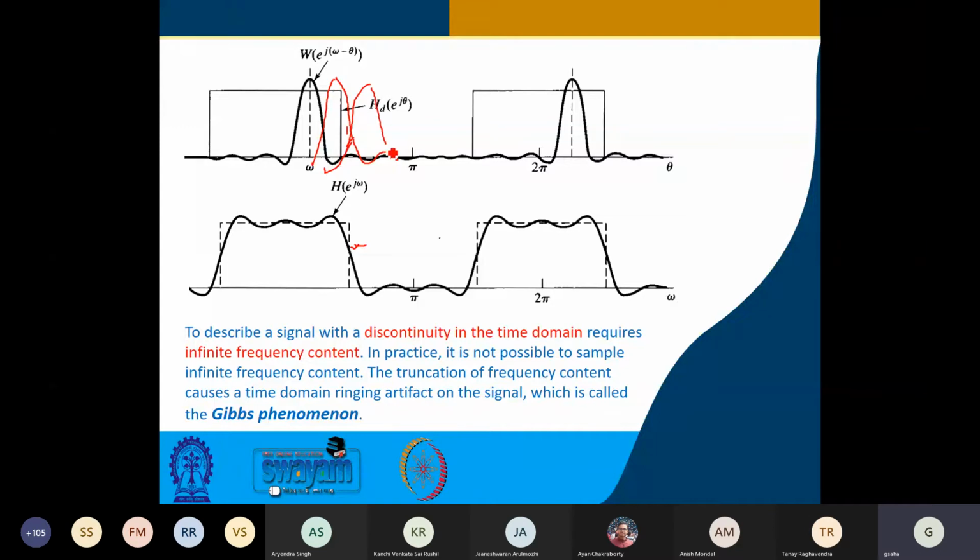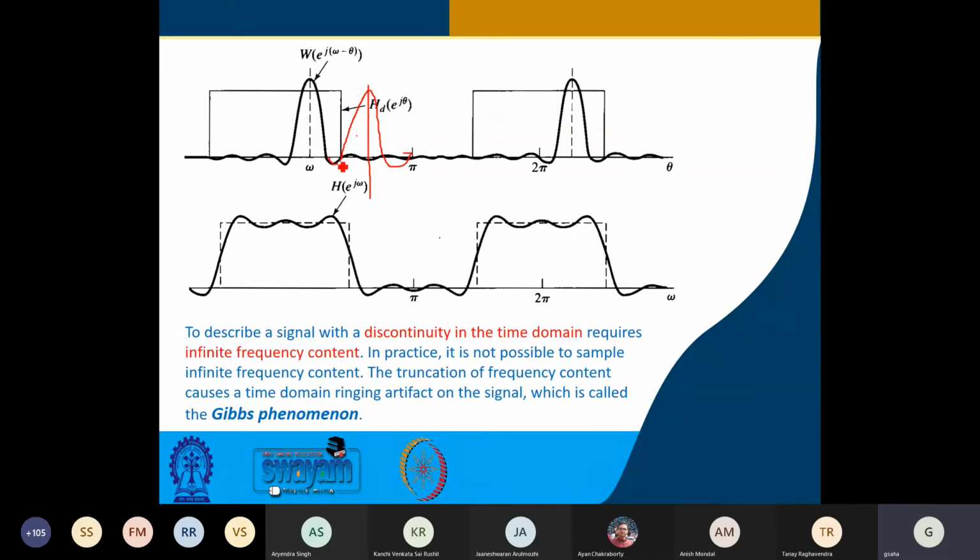Only this negative going part is there. Do you get my point? The central part has completely gone out, so only the negative going part is there. This will not contribute anything, it is outside.